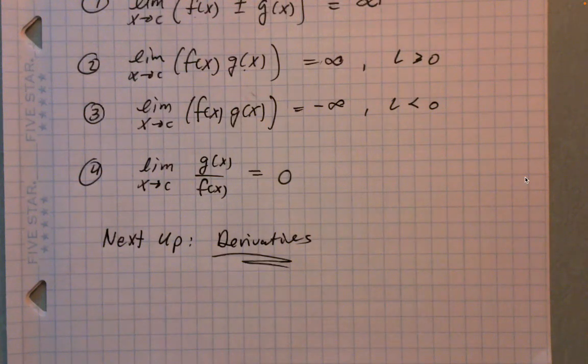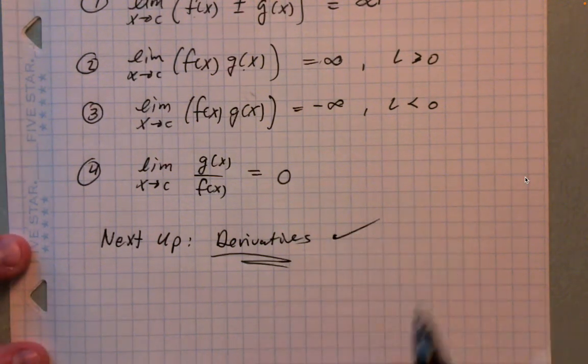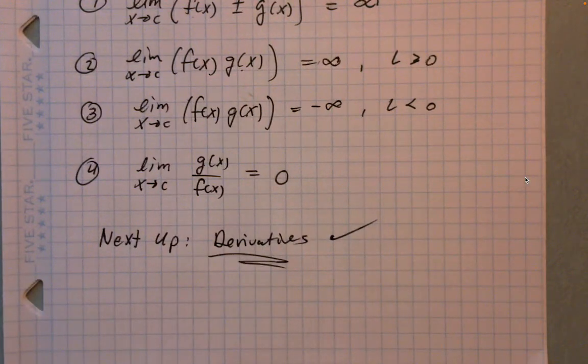Next up is derivatives and differentiation, and we'll get into that next time. But yes, we will be revisiting limits throughout Calc 1. So this has just been the introductory information on limits. So we'll see you next time.